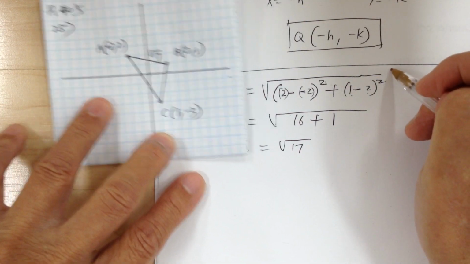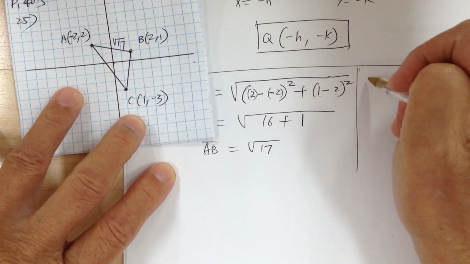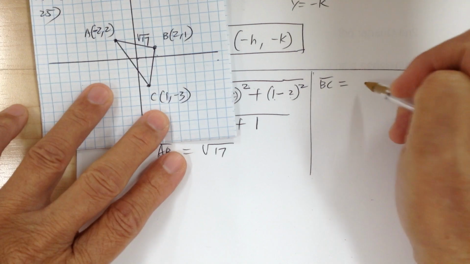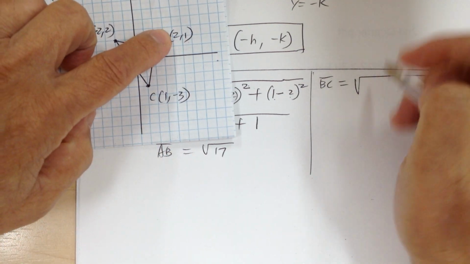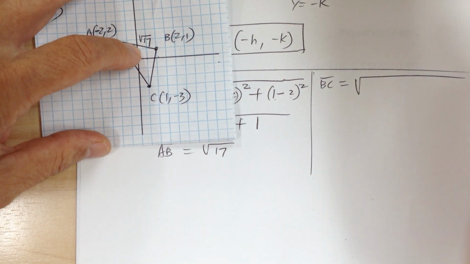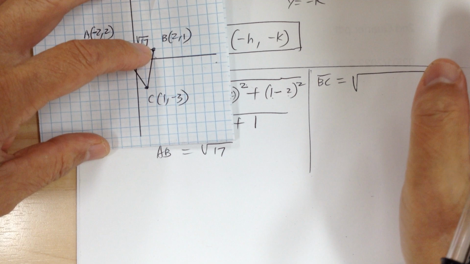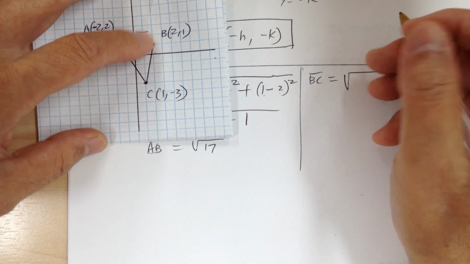Now next, let's go and find BC. Same thing. Usually you want to use the point that's more to the right as point 2, that way you can avoid a lot of negatives.